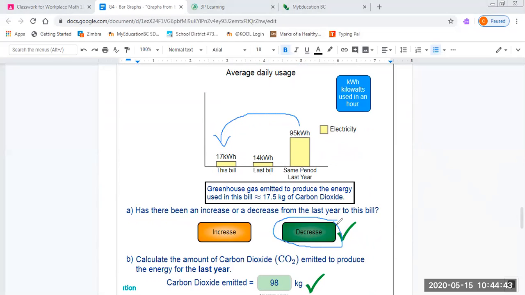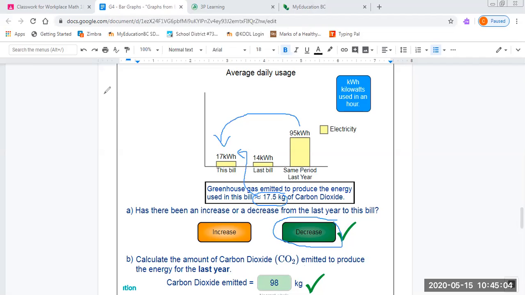Okay. Now, the other thing we have to look at here is that it's asking us now to calculate the kilograms of carbon dioxide emitted. So if you recall, this number 17.5 kilograms is comparing how many kilograms was produced when we burned off 17 kilowatts of energy.